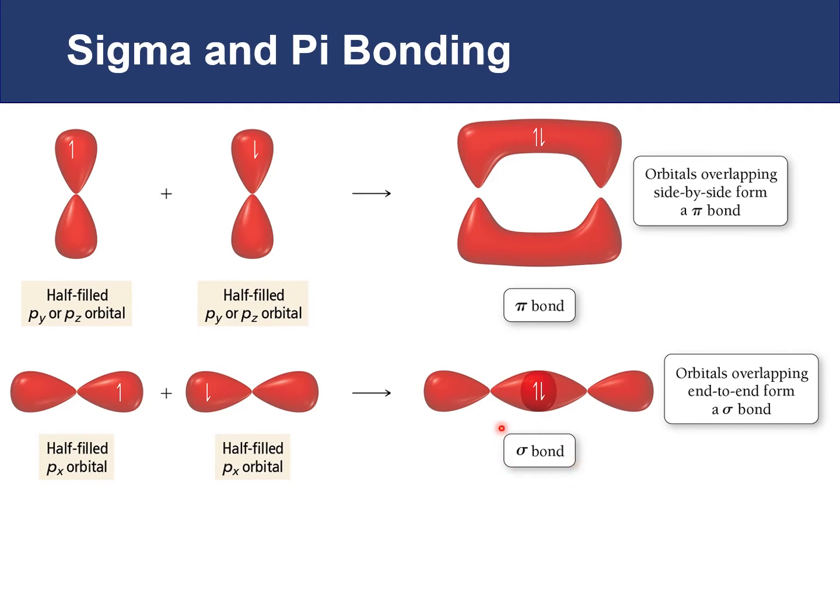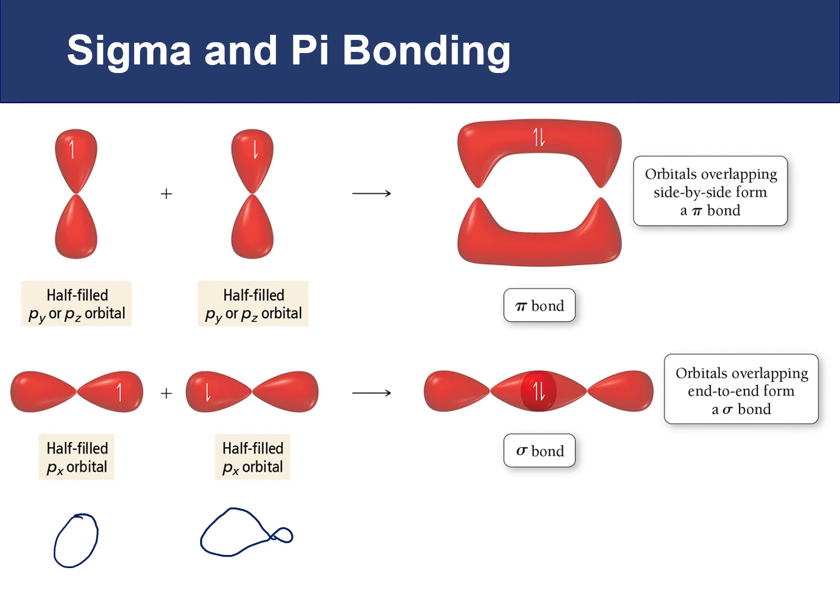A sigma bond is one in which there's a lot of overlap between the two atoms, and it's along the bonding axes. We could also have sigma bonds that use not just p orbitals, but s and hybrid orbitals. So you could have an example where you have an s orbital, which would be spherical, and a hybridized orbital, which looks somewhat like a p orbital, but has a large lobe on one side and a small lobe on the other.